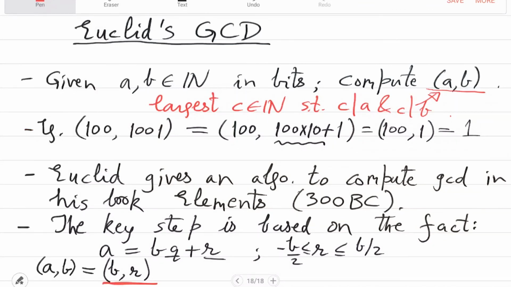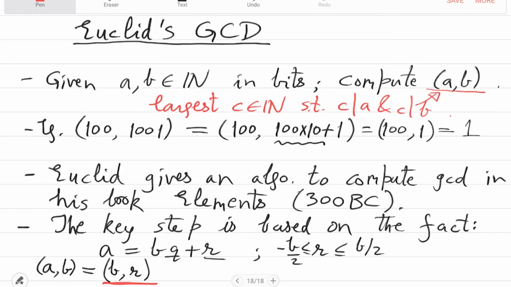Suppose A was very large and B was small. So now the GCD computation has been turned over to a much smaller instance. Now B is small and R is smaller, and then you repeat this. So this will very simply give you a very fast algorithm and an easy analysis.